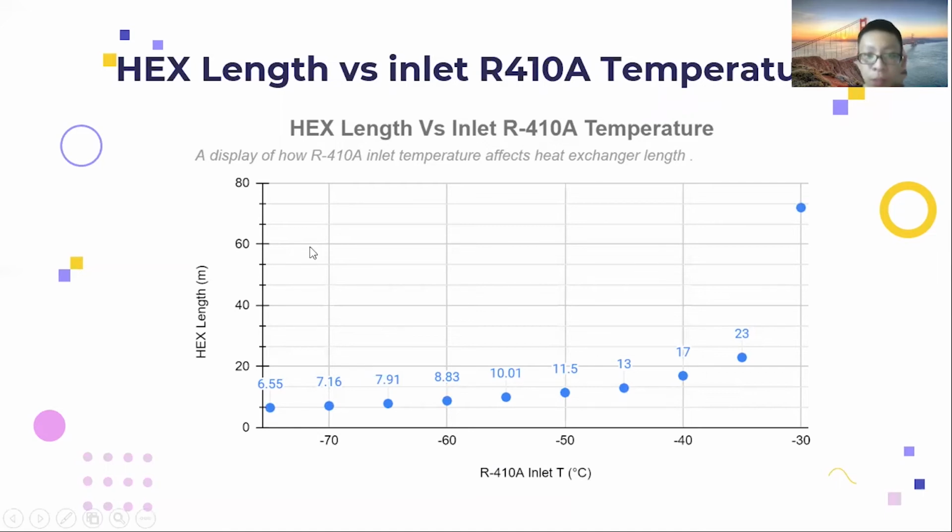If we lower the R410A inlet temperature, we will get a lower heat exchanger length required. These data are obtained through the formula our group made in Excel. Every calculation is made by Excel, so it should be accurate. So that's all for my part.